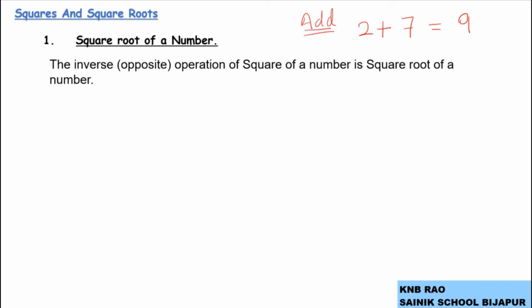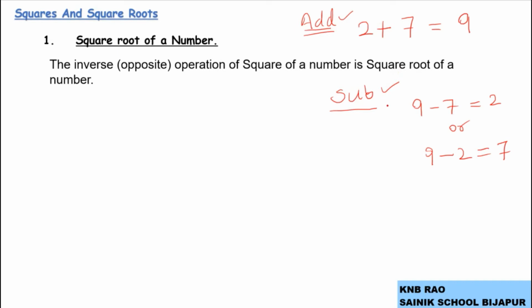And there is an inverse operation to addition, which we call subtraction. So students, from 9 if I subtract 7 it gives me 2, or from 9 if I subtract 2 it gives me 7. So the inverse operation of addition is subtraction.